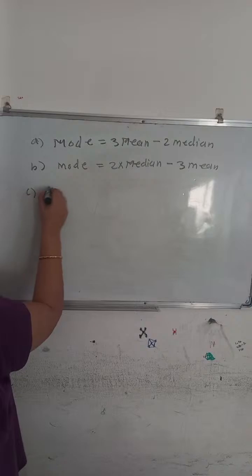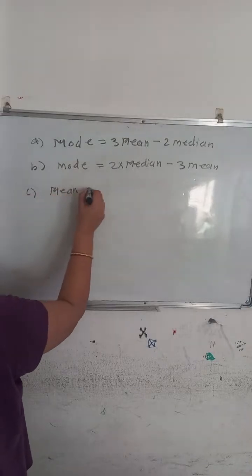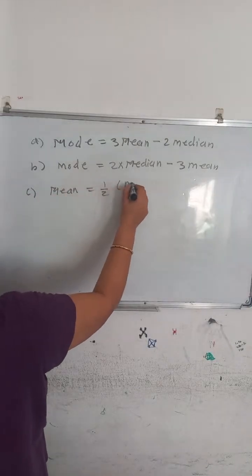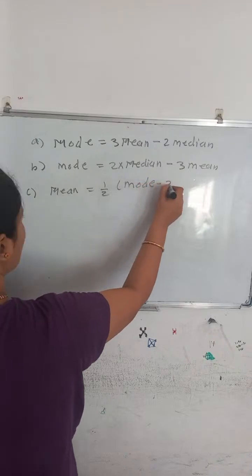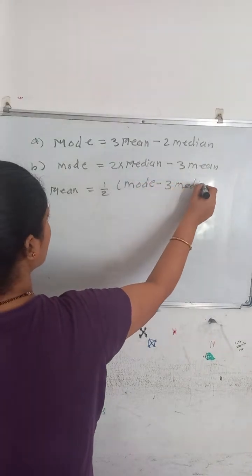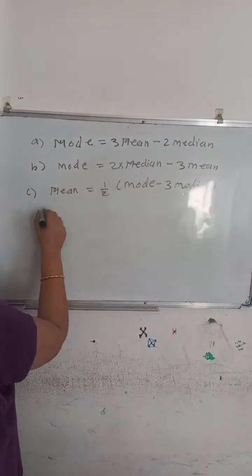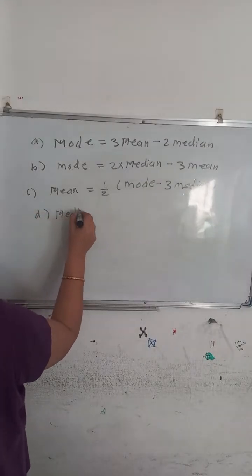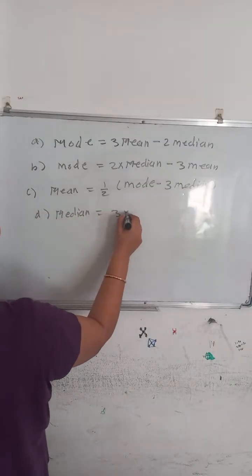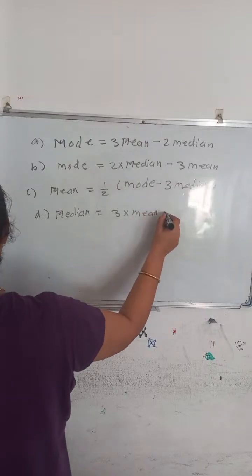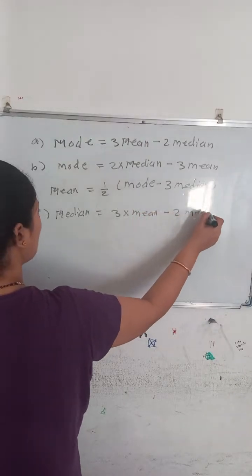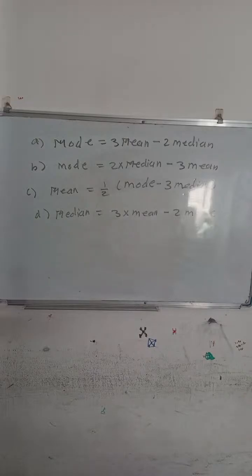Option C, mean is equal to half mode minus 3 median. Option D, median is equal to 3 into mean minus 2 into mode. Okay, so now check which option is correct.